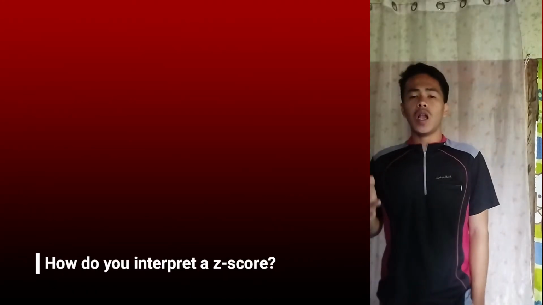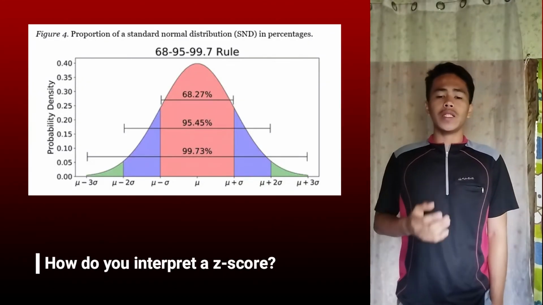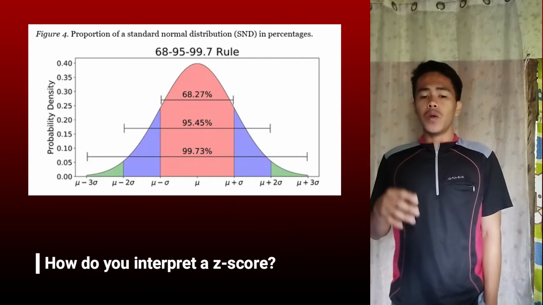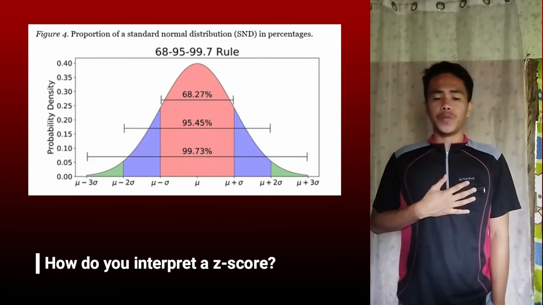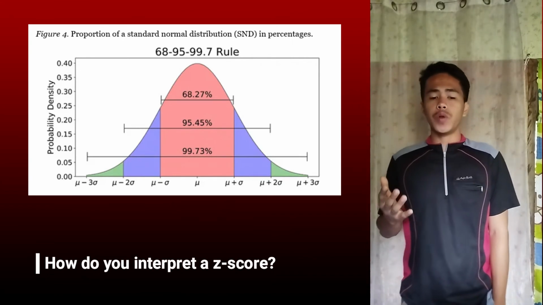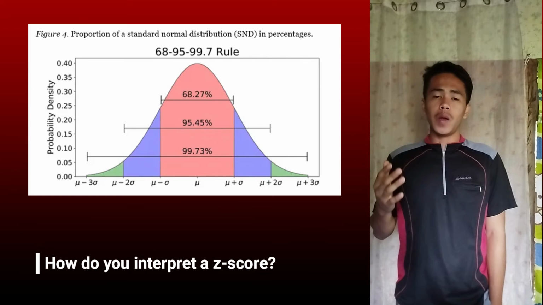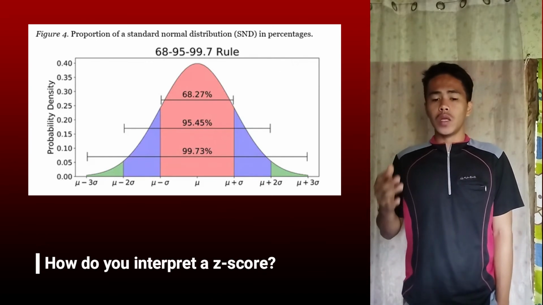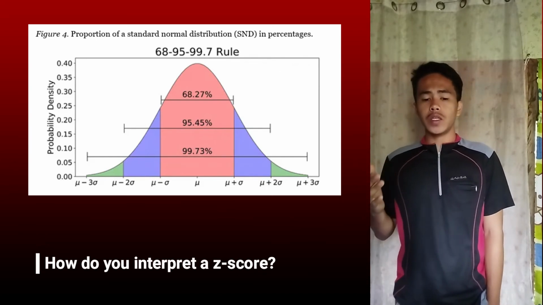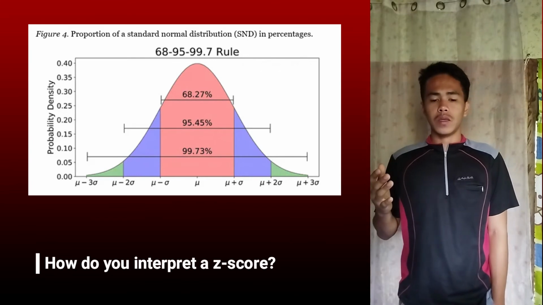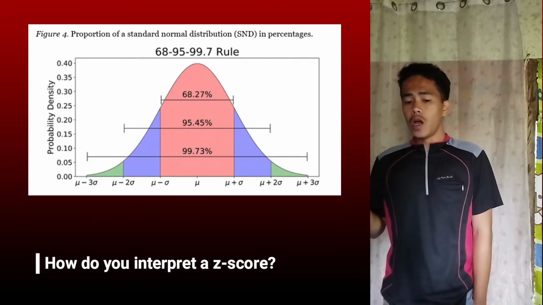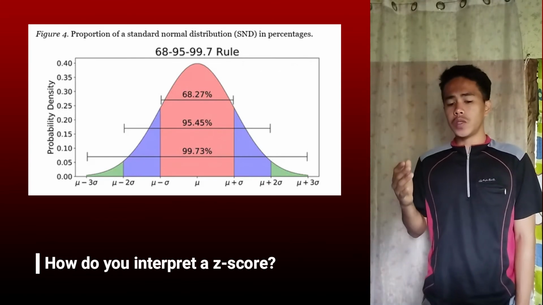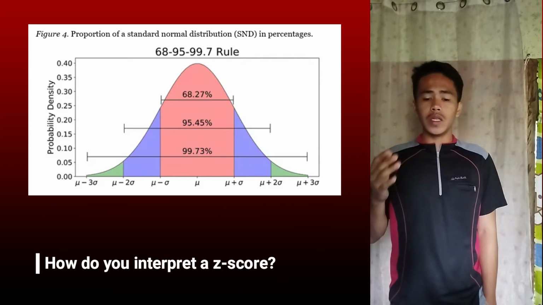Moreover, the SND allows researchers to calculate the probability of randomly obtaining a score from a distribution. For example, there is a 68% probability of randomly selecting a score between negative 1 and positive 1 standard deviations from the mean. And see on the figure, a proportion of a standard normal distribution or the SND in percentages.